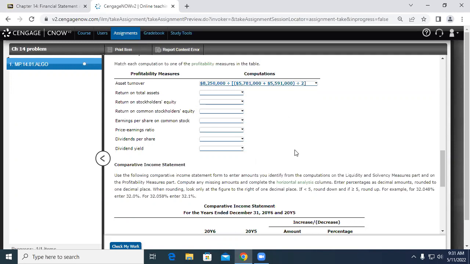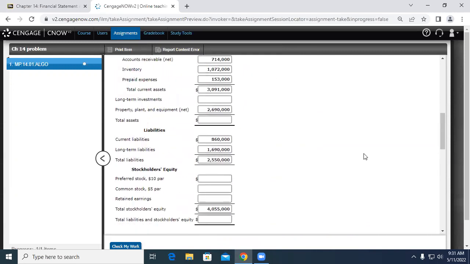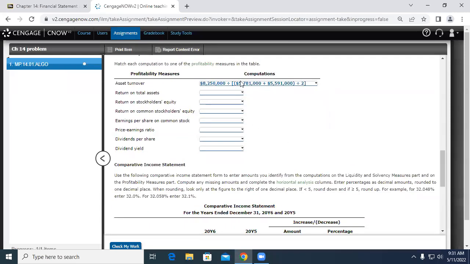We now know that the total assets minus long-term investments is this number, $5,781,000. We don't yet know our total assets, but we'll come back to that. We're going to need this $5,781,000, which is the total assets minus long-term investments at the end of the year.